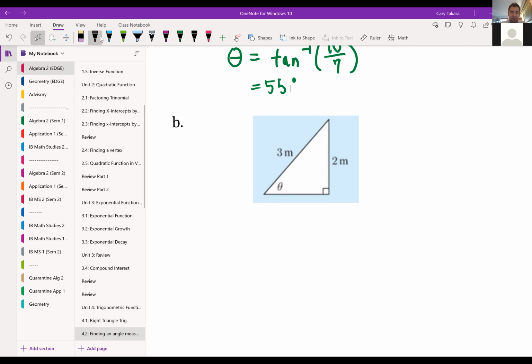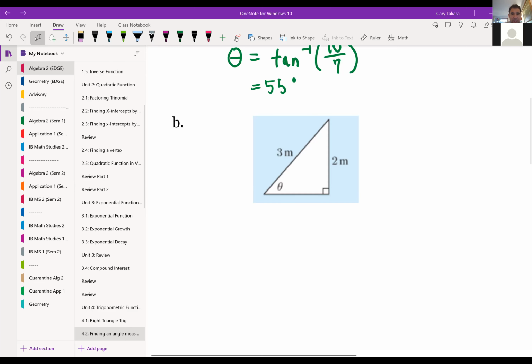Still not getting 10 divided by 7. Inverse tangent. Oh, okay, yeah. So if you do 10 divided by 7 and then inverse tangent, you get the right answer there.